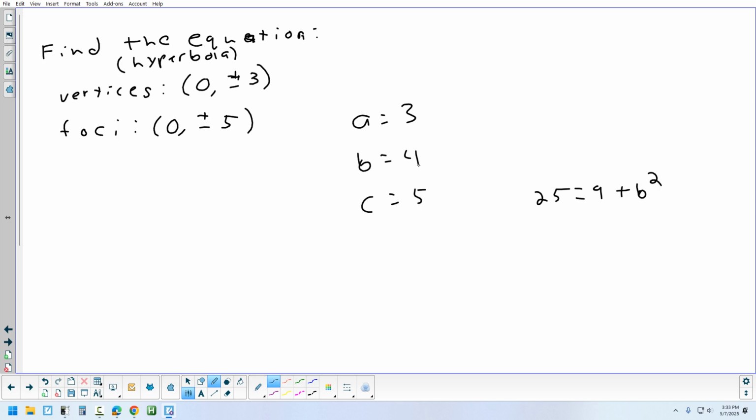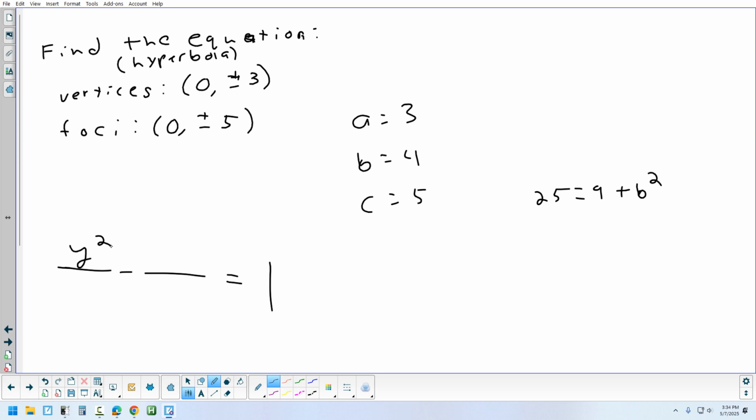All right, so now let's write our equation. Which way does our transverse axis go? Vertical. Vertical. Y squared is first.